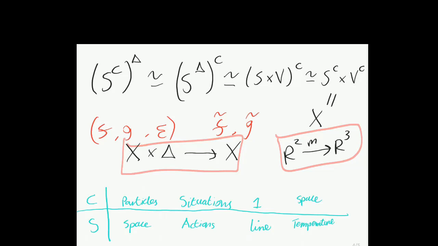So I've been talking just now about this example where this space C would be a space of particles, and S is ordinary 3D space. Now we could have a different situation where perhaps C is a load of information and S is some kind of memory.